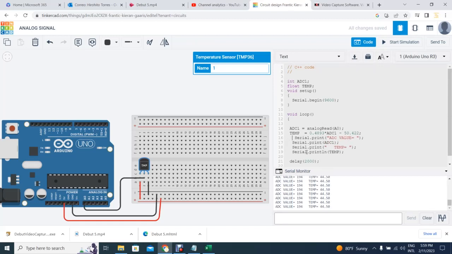Let's say after this temp, let's remove the ln, because I want to have everything on the same line. Temperature, and now we're going to print this, but it's going to be an if process.